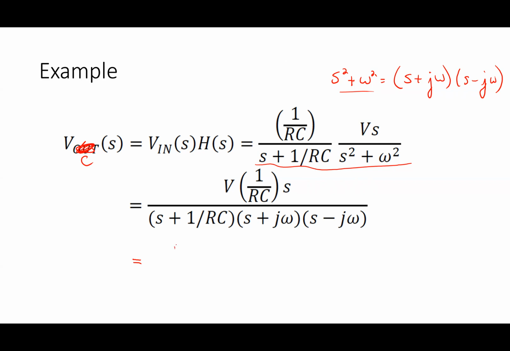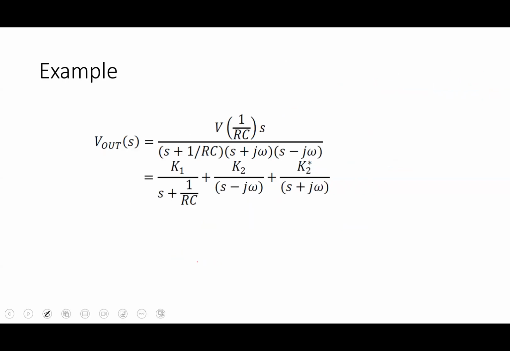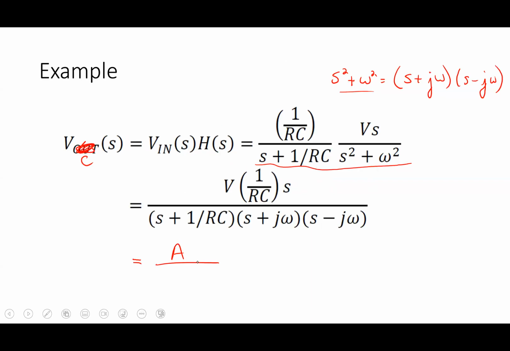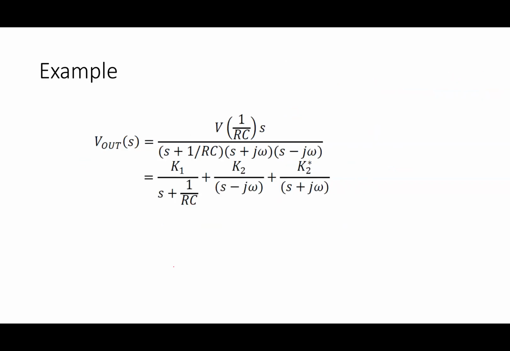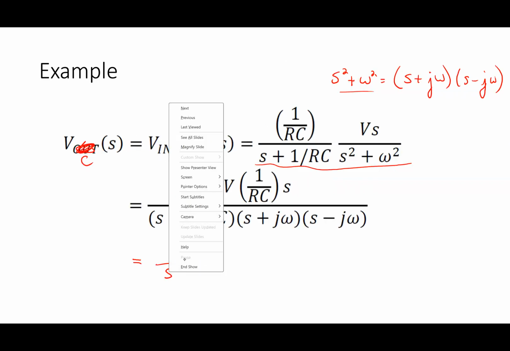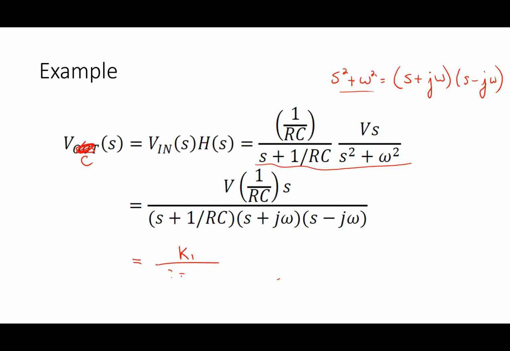This would equal some sort of thing, and I called this K1 over s plus 1 over RC, plus K2 over s minus j omega, plus K2 conjugate over s plus j omega. I use partial fractions to write it like this. Without going through the result, what I find is that if you go through partial fractions, these two terms are always effectively going to be conjugates of each other.